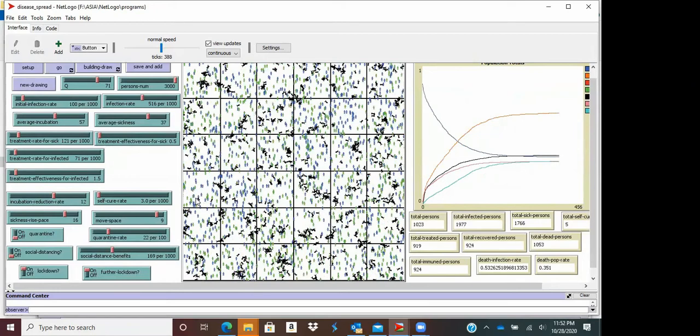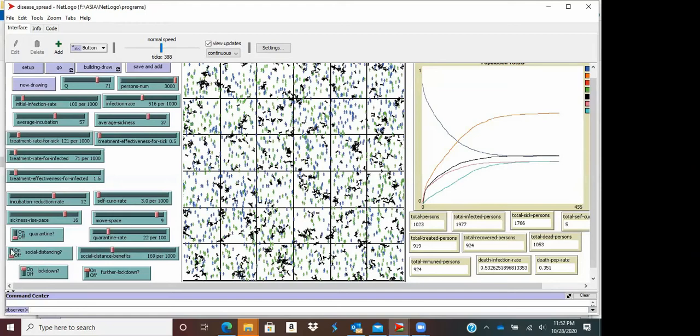You see, we still have over 1,000 deaths. That means just lockdown is not enough, because people can still move in a small area. If anybody is sick here, they can still move within this area, so they can still infect other people. That's why you need social distancing.